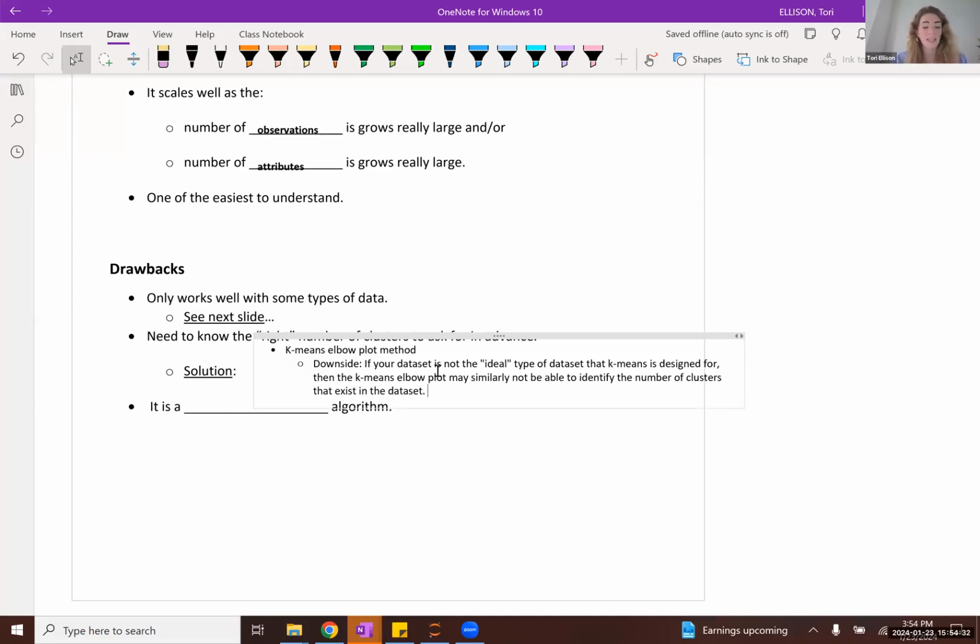In other words, the k-means elbow plot is only designed to detect the clusters that k-means itself is able to detect.